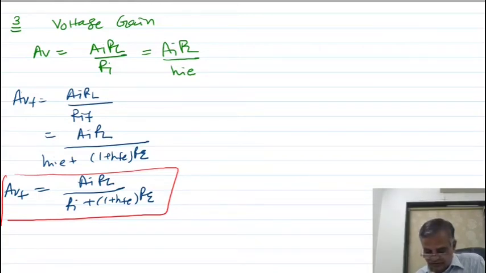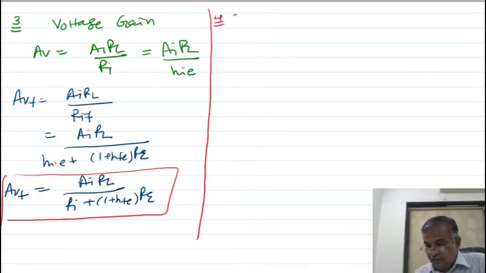You can see here that this voltage gain with the feedback is reduced due to negative feedback. See here this equation. You can say it from this also. So this is reduced due to feedback. This is your equation of voltage gain.